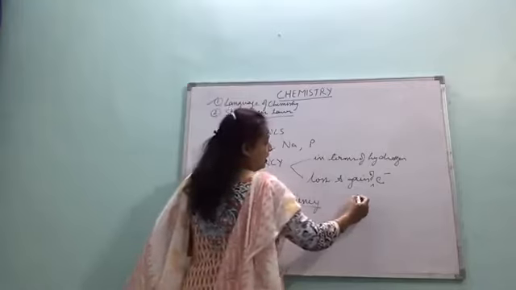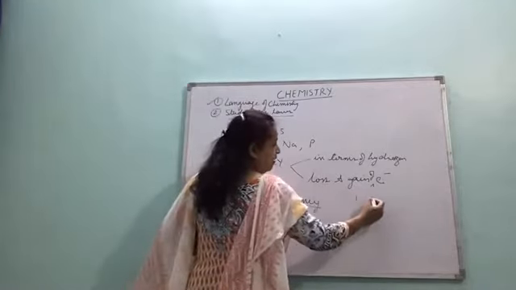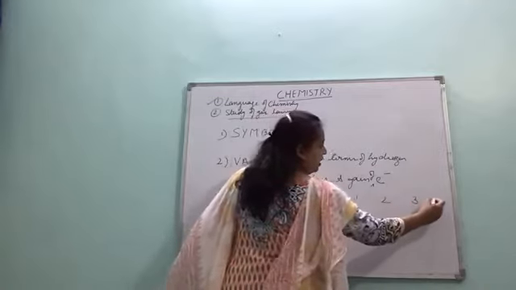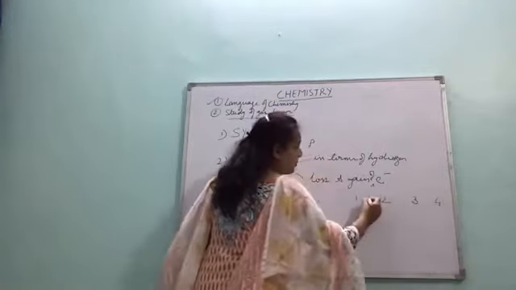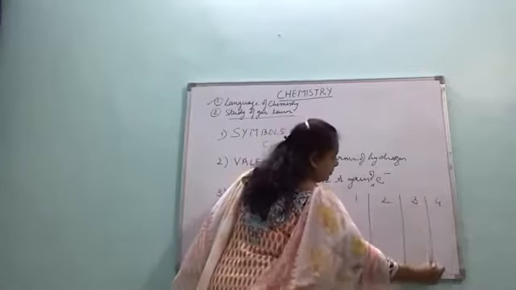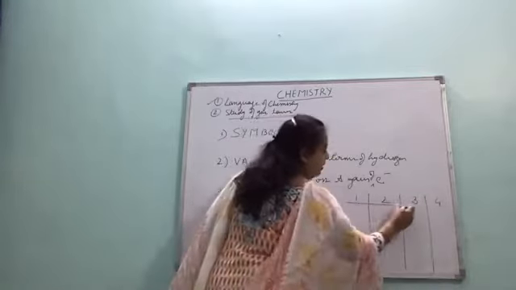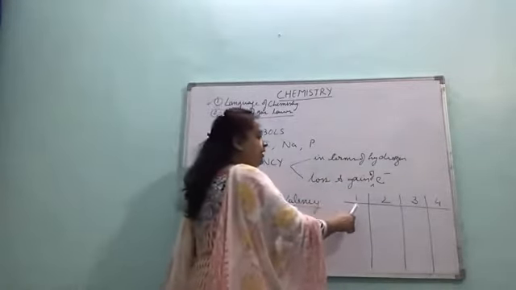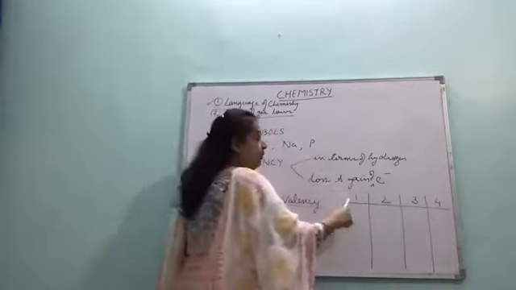I'm putting the valency here: 1, 2, 3, 4. And I'll write the symbols of those elements which show variable valency 1 and 2, like that, 1 and 3.